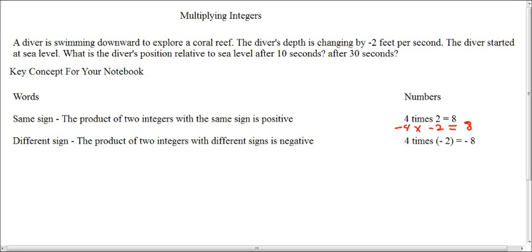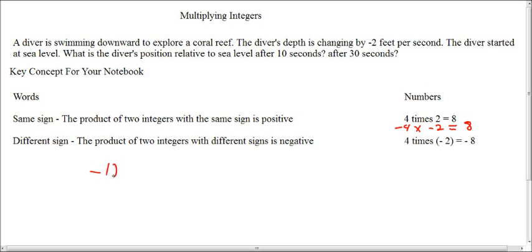Okay, so multiplication and division really work the same, but right now I want you to understand that when you multiply integers, any type of integer, if they have the same sign, the product will always be positive.